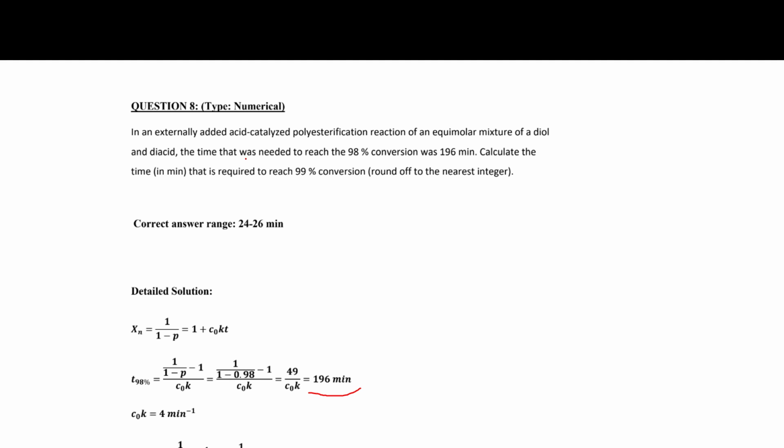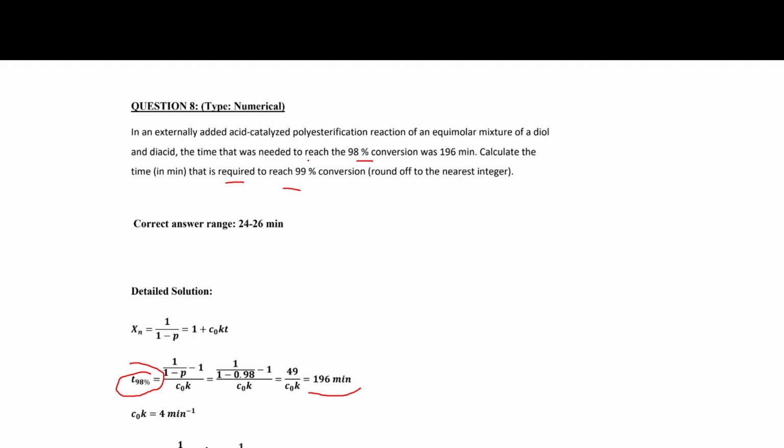So this is the acid catalyzed polyesterification. From this, you have to calculate T at 98%. Here your 98% ratio and 99% ratio is already given. We have to calculate the time required for the 99% conversion.